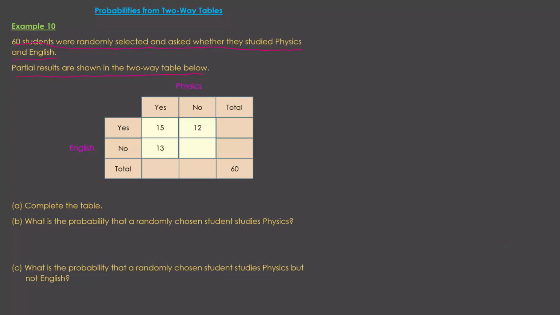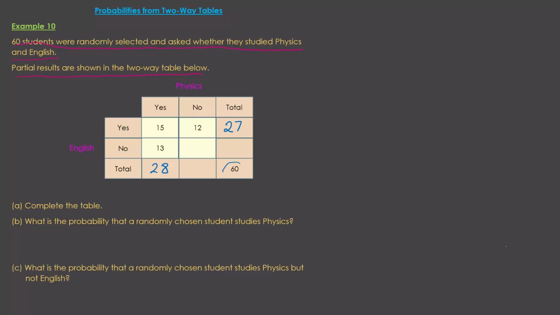So, if we have 15 students saying yes to studying English and 13 saying no, then the total for that column is 28. For physics, yes and no, 15 and 12, gives us a total of 27.